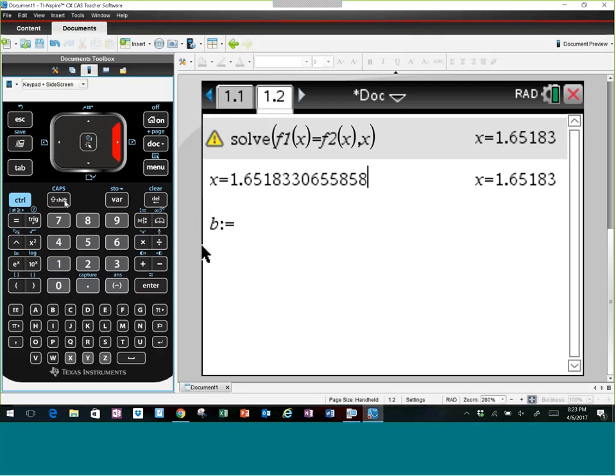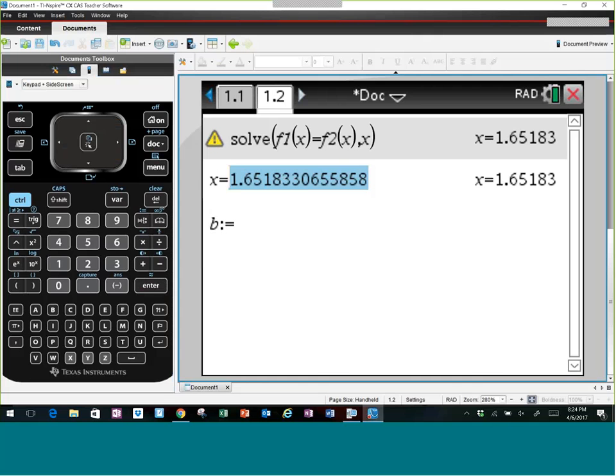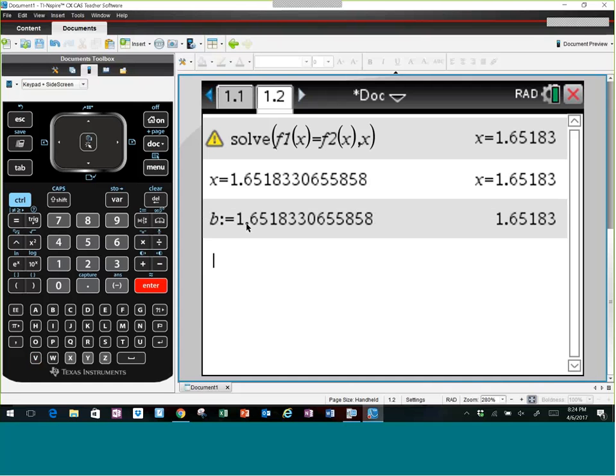You may want to just sweep over it. Well, at the moment, it's not working. There we go. I got it. And if we enter that, now that's a value that's stored in B.